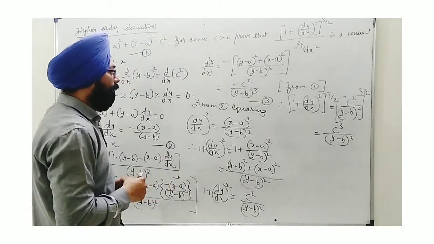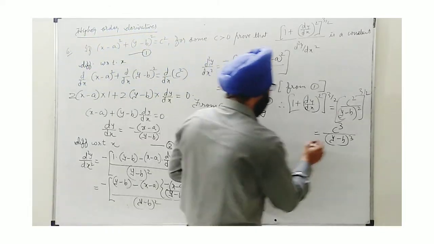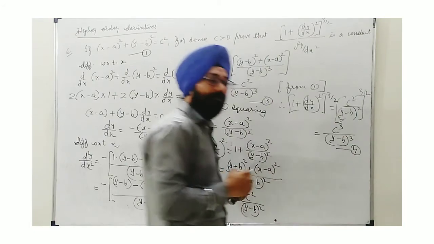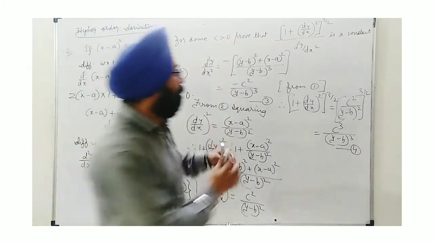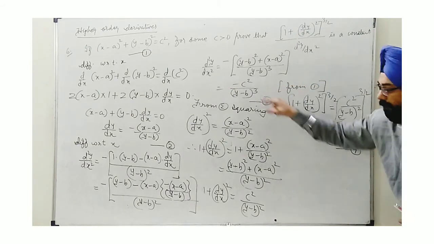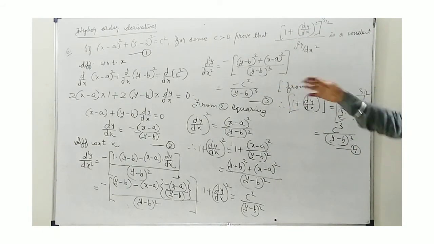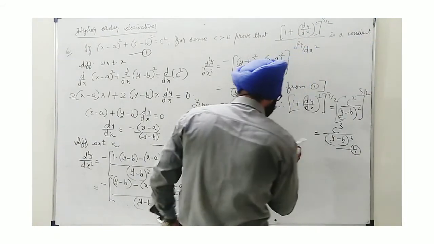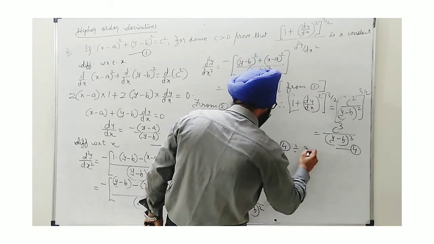Now this becomes convenient for us. The only thing we need to do, we need to get the answer for this expression. We have obtained the numerator separately, the denominator separately. Divide 4 by 3.